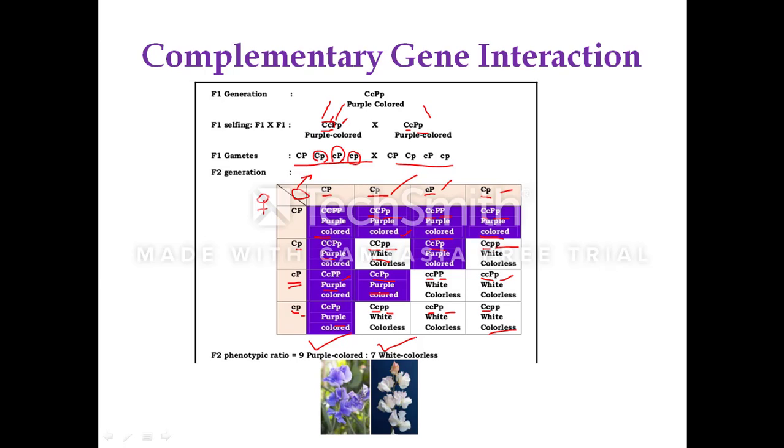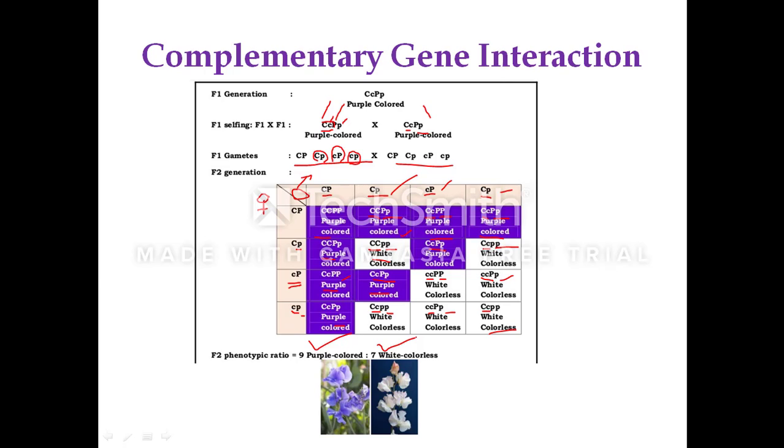Here the character is produced by interaction of two or more dominant genes situated on separate chromosomes which complement one another. Bateson and Punnett found that there were two different white flower varieties of sweet pea. A cross between them produced all purple flowered plants in the F1 generation.